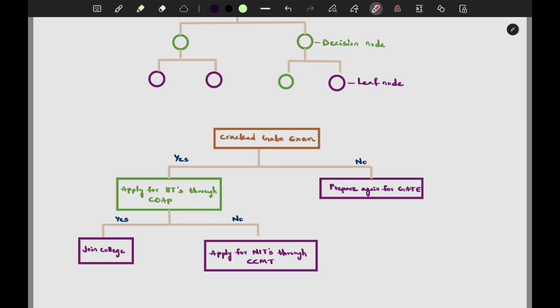And if they get the IITs, they will join those colleges. If not, they will apply for NITs through the CCMT portal. So this is a basic example. Just keep in mind that in this video I used color coding: orange will act as the root node, green will act as the decision node, and purple is acting as a leaf node.